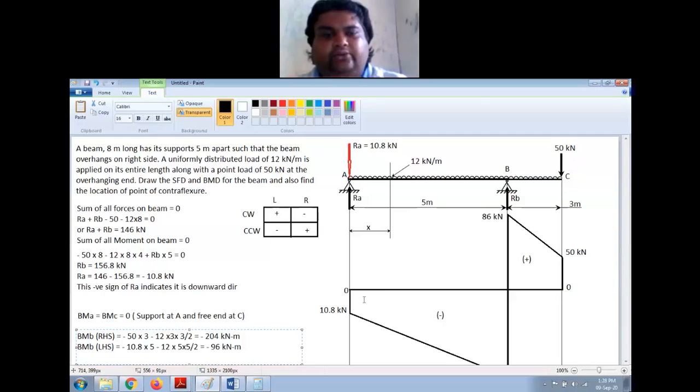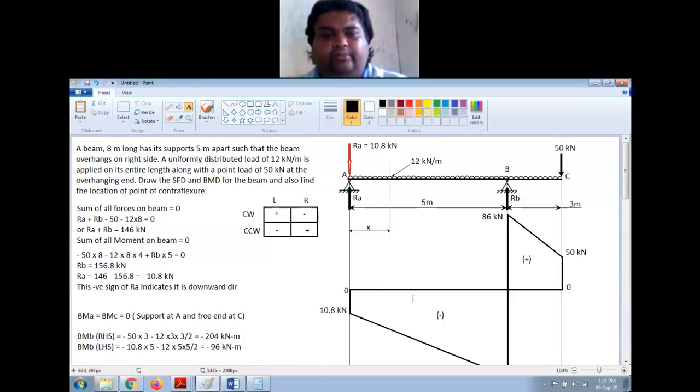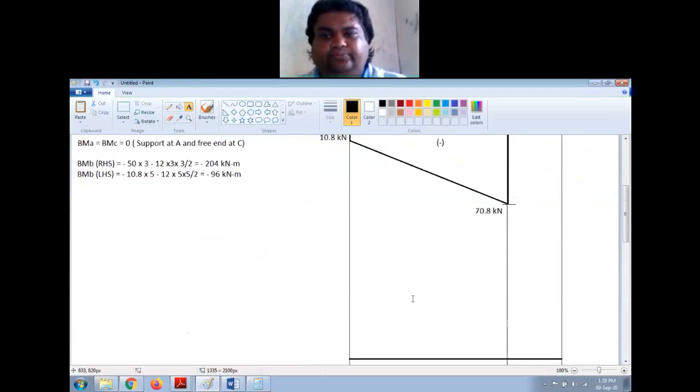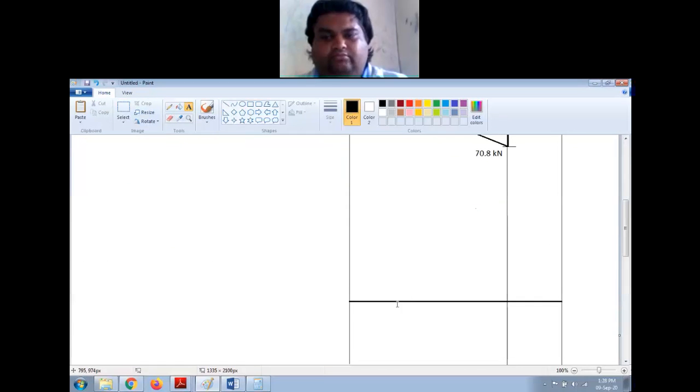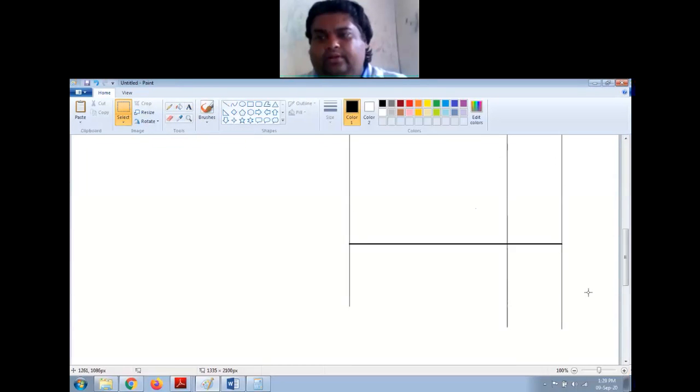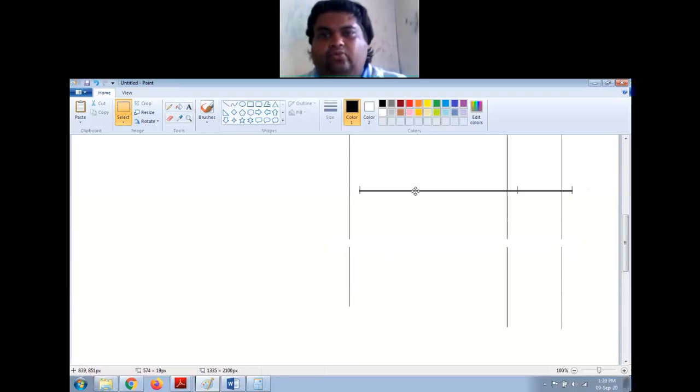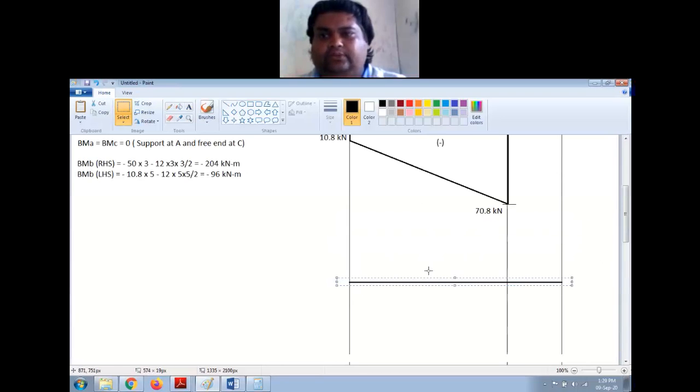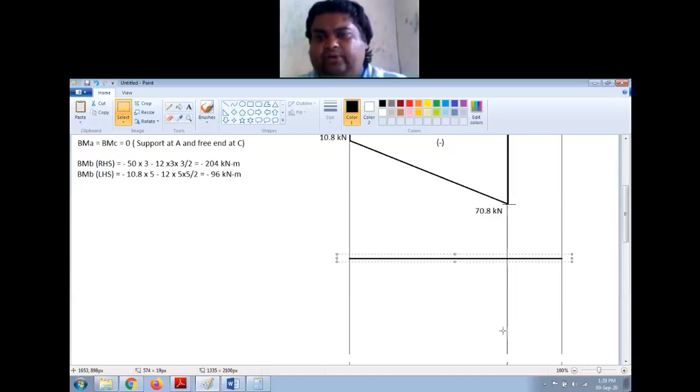So let us try to draw the BMD for this. I'll move this little upwards because the bending moment is negative at all the points. So the BMD will be on the downward side only.